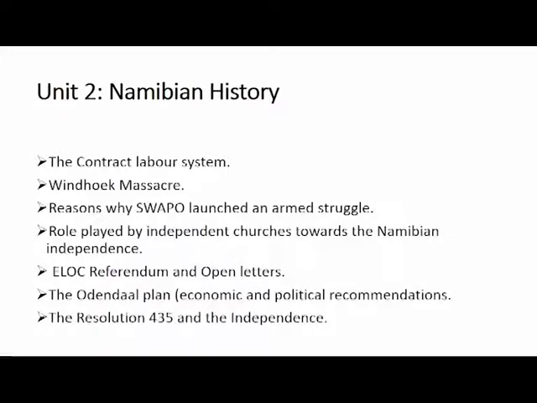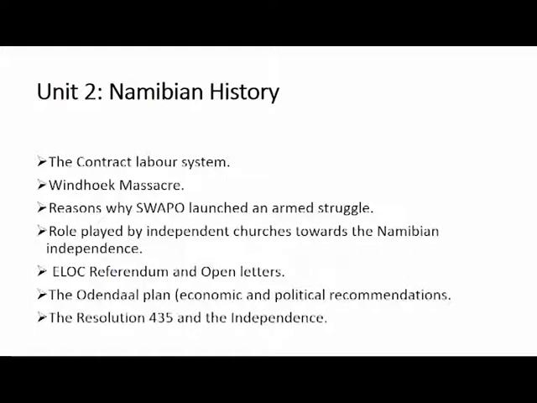Because if you know the reasons why they were established, you should be able to know the role played by these churches towards Namibian independence. In short, what is it that these churches do as far as Namibian independence is concerned?